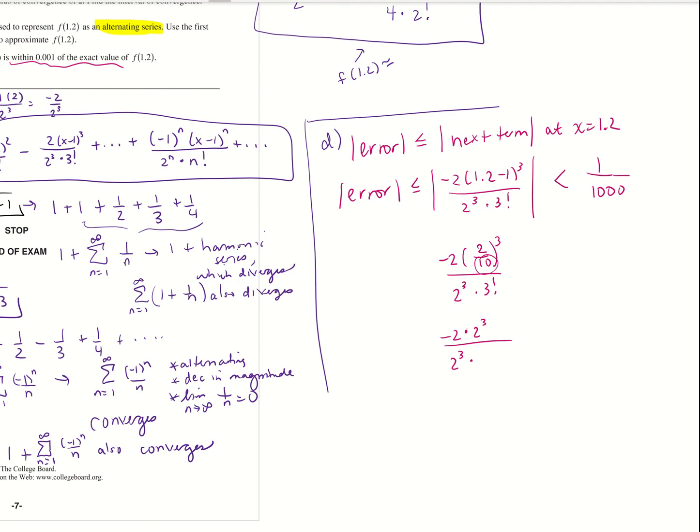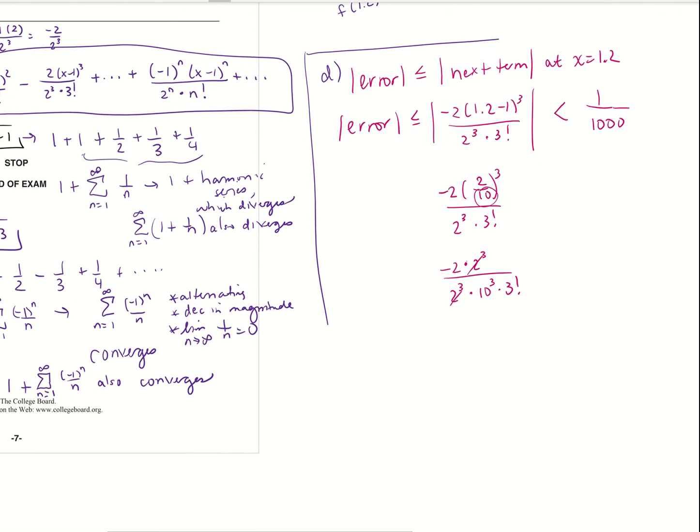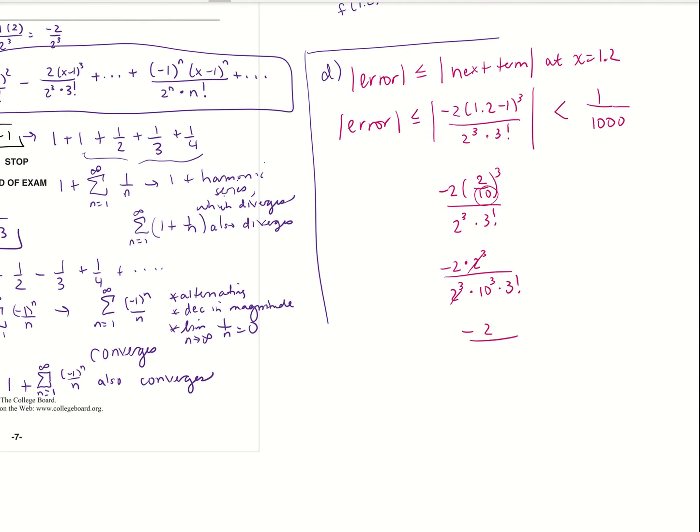And this 10 to the third would also be on the denominator times 3 factorial. So those are going to cancel out. So I have negative 2 over 10 to the third is 1,000 times 6. So this is negative 1 over 3,000. Oh, absolute value. And yep, 1 over 3,000 is indeed smaller than 1 over 1,000.